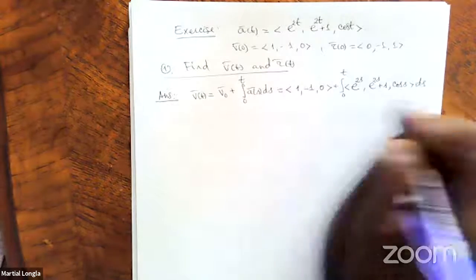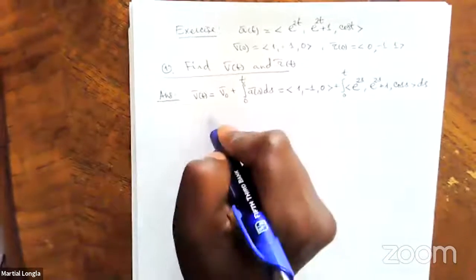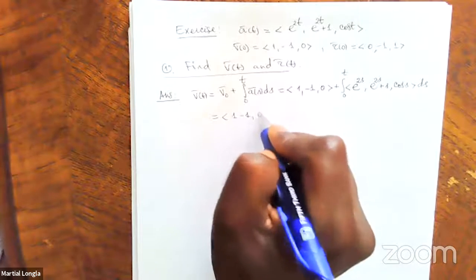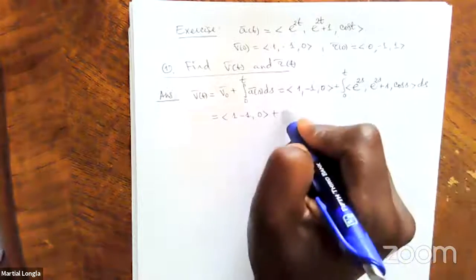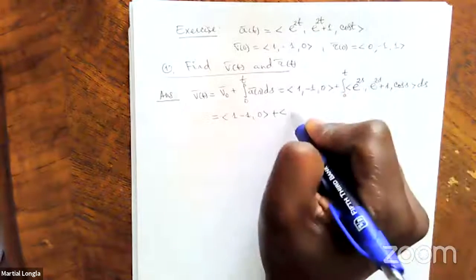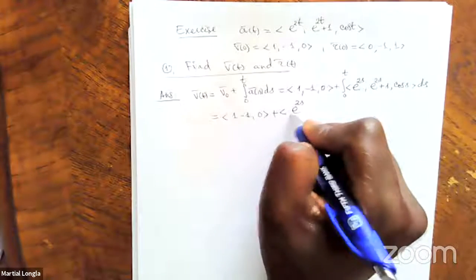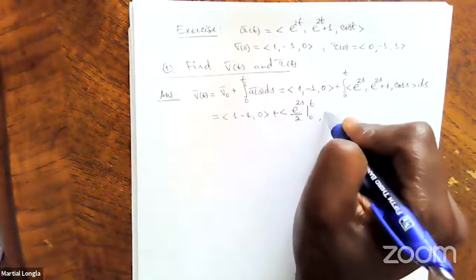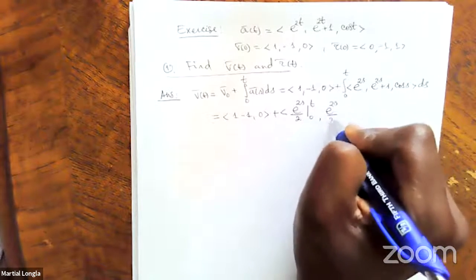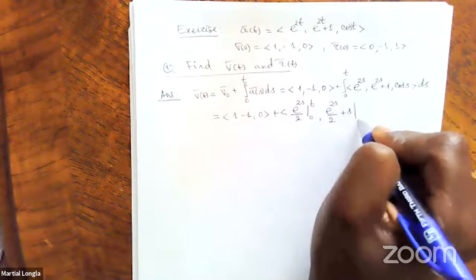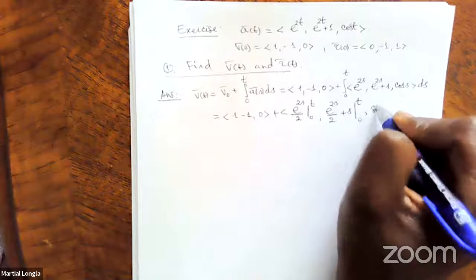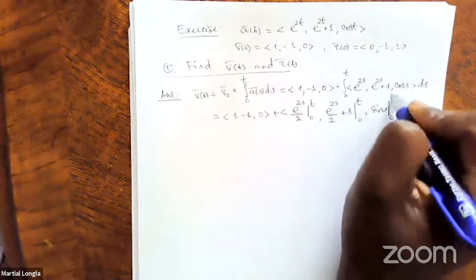That's it. And now what you do is the calculus that you need to do. It's 1 minus 1, 0, plus the integral of e to the 2s is e to the 2s over 2, 0 to t. And here it's e to the 2s over 2 plus s, 0 to t. And there it's sine s, 0 to t.